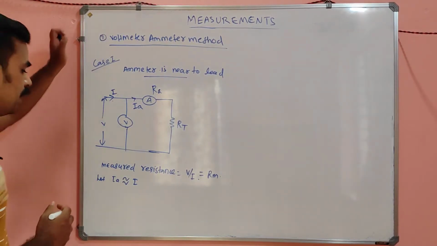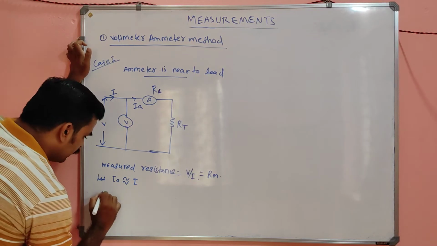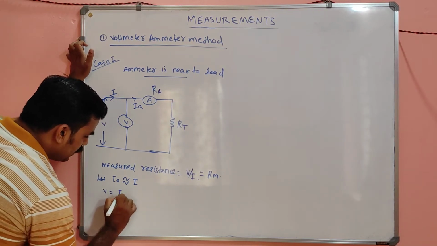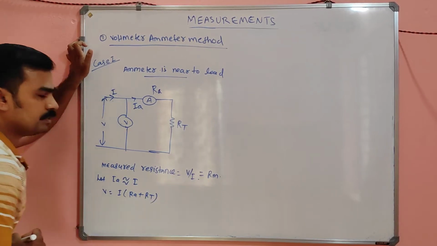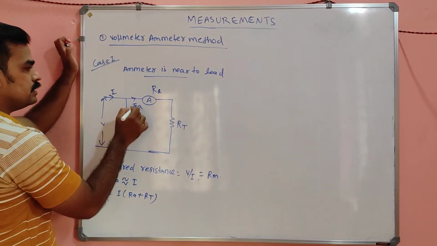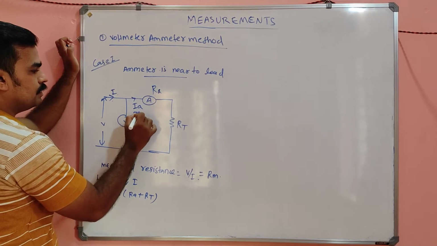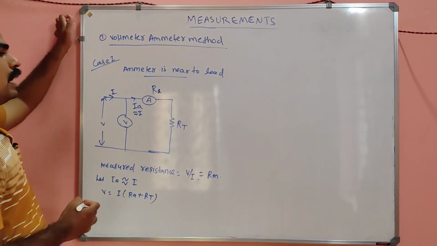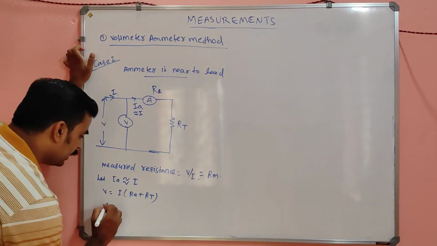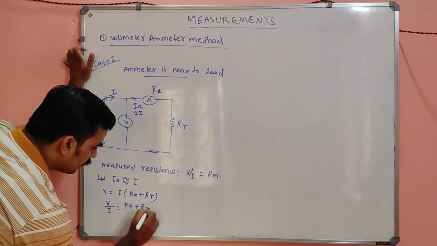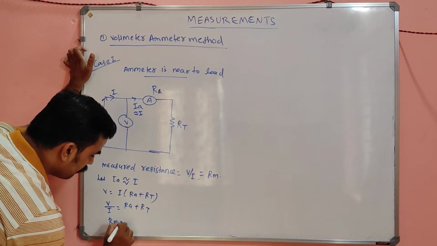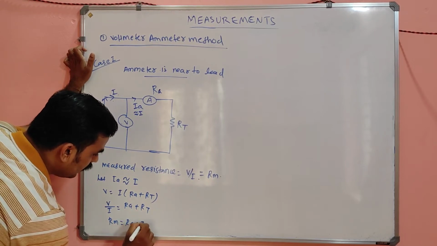So let I equal IA, so that I can write V is equal to I into RA plus RT. Am I correct? IA is nearly equal to I itself. So V by I will be equal to RA plus RT. V by I is RM, which is equal to RA plus RT.